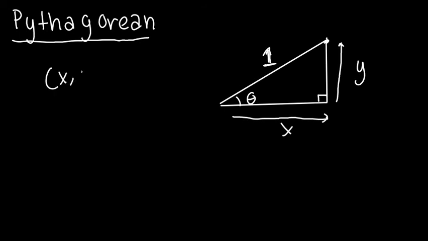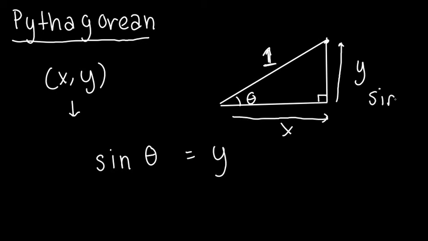So for point x, y, we can just say that x squared plus y squared has to equal 1. But if we were to take sine theta, it's just equal to y over 1, which is just y. So that means that the y value is just sine of theta. And the x is just cosine of theta, because cosine of theta is just equal to the adjacent over the hypotenuse, which is just x.